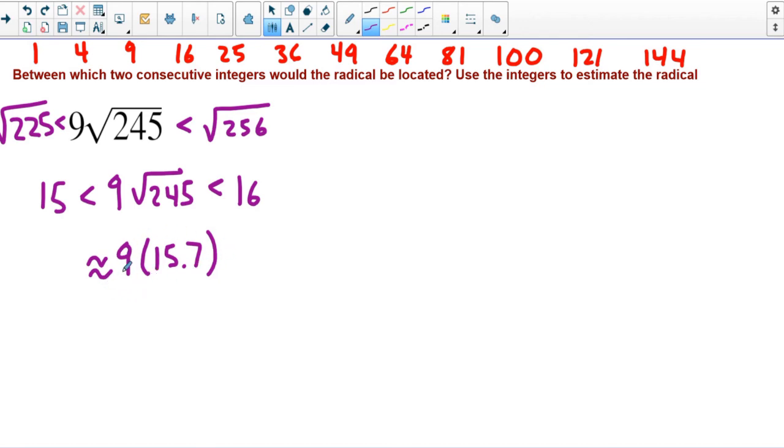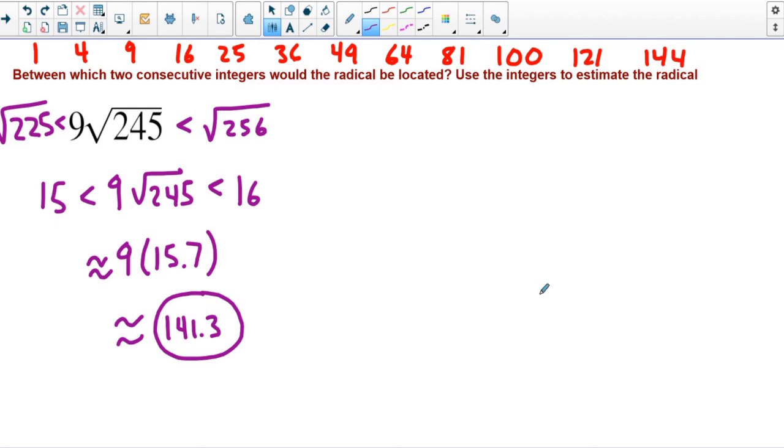And for the last step here, I just need to multiply this 9 back into that radical, back into the square root. All right, so 9 times 15.7, you're going to get about 141.3. Maybe something a little bit different. As long as you're close, that's fine. You might have 141.2, 141.4, something around there, something kind of close.